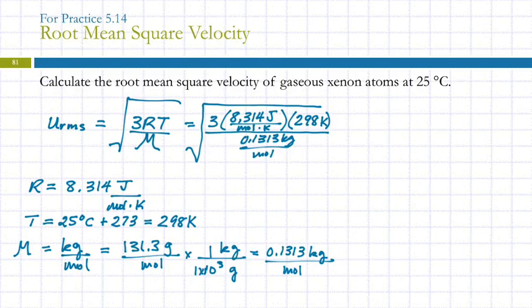So let's look and see what happens with the units. I've got Kelvin canceling Kelvin and moles canceling moles. What I'm left with there is joules divided by kilograms.